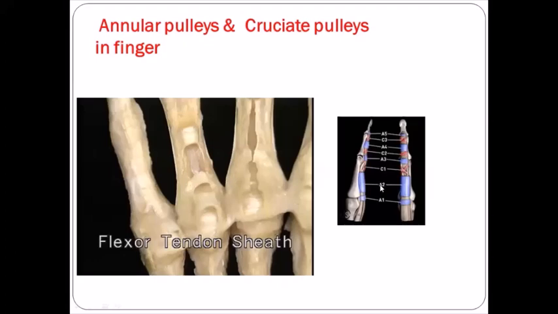Now, between A2 and A3 there is C1, that is the cruciate pulley, between A3 and A4, C2 is there, and then between A4 and A5, C3 is there.